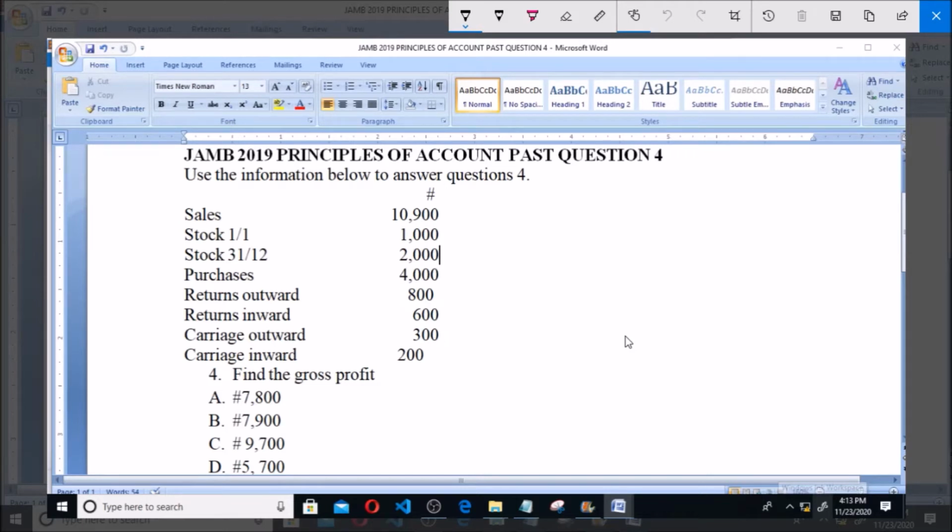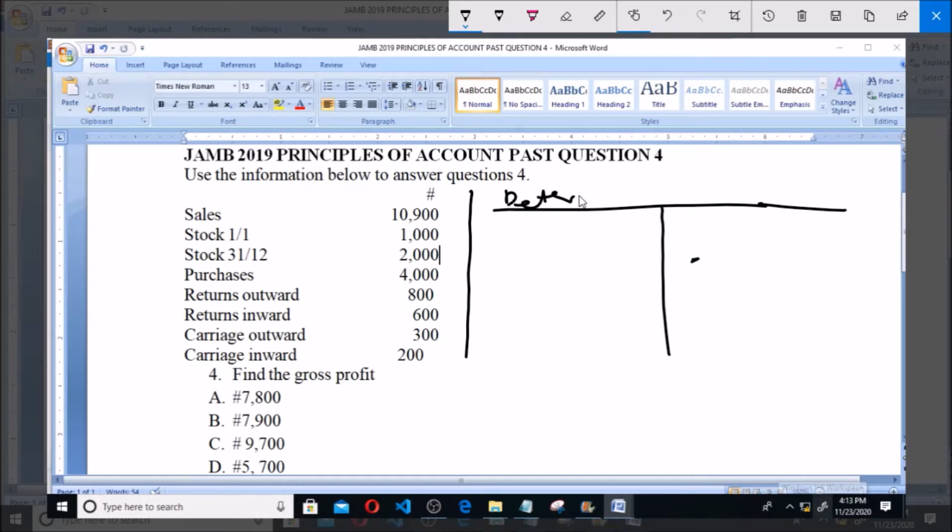Question 4 says we should find the gross profit. So we have a ledger form like this. And we're going to capture the determination of gross profits for the period.